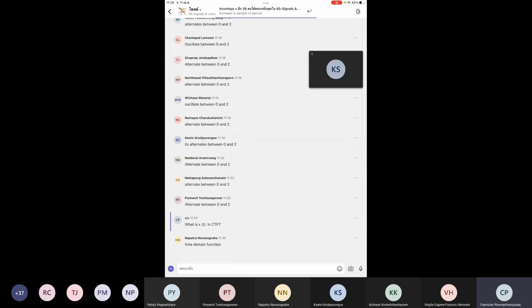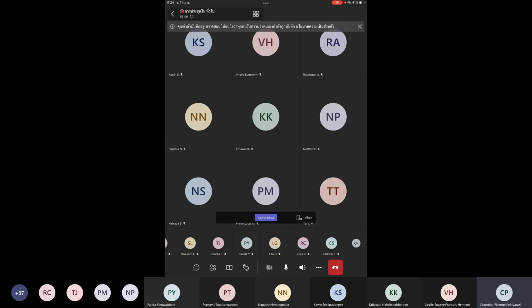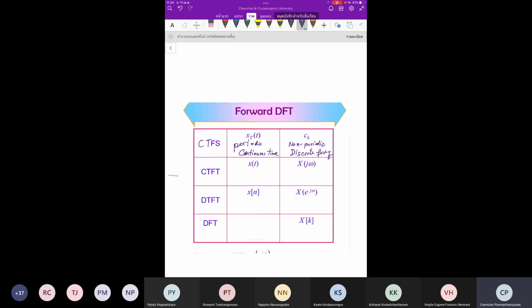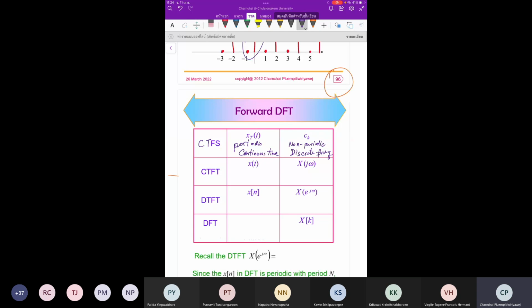What's the characteristic of CT in ZSOC? Time domain function. What's the characteristic of that? Can you tell me? Both of them are non-periodic, right?